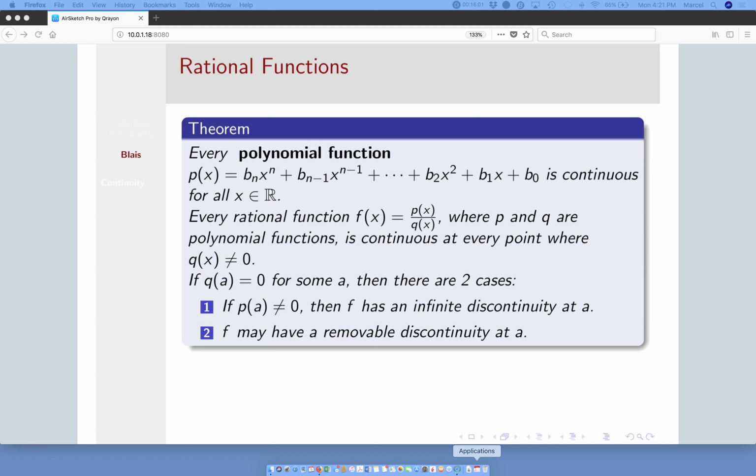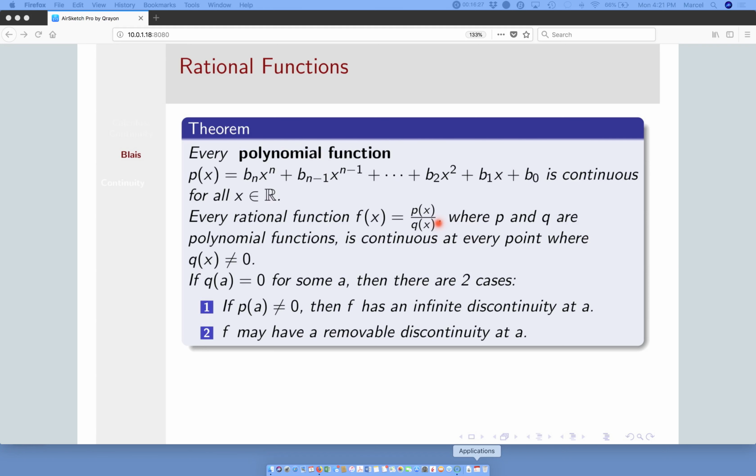The next step from there is to take ratios of polynomials, and we call those rational functions. So any rational function, again, defined as the ratio of two polynomials, p and q, the numerator and denominator, which are polynomial functions, is continuous everywhere except where you have a division by 0.